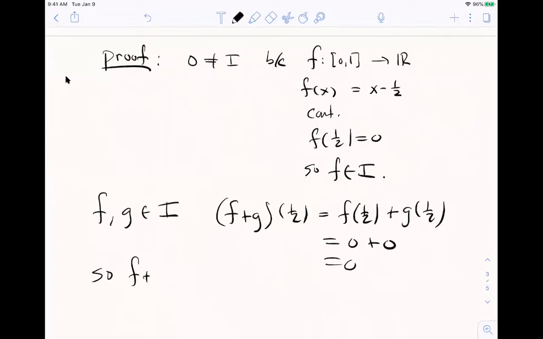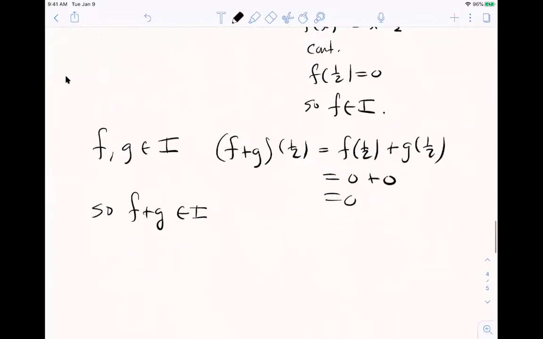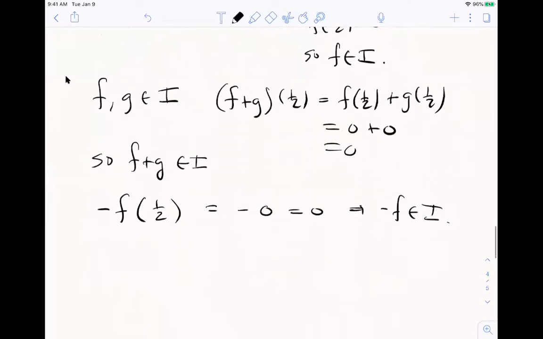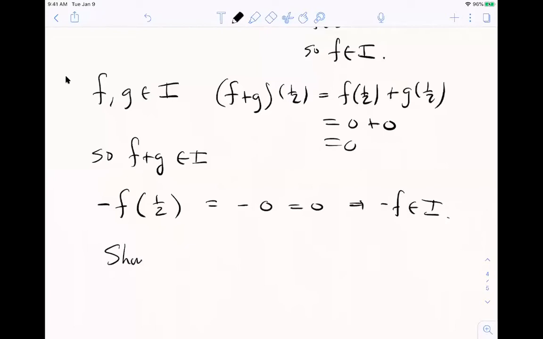So that shows that f plus g belongs to this set, I. Finally, if I look at minus f of 1/2, well, that's minus 0, which is still 0. So the additive inverse of this function is in I. So that shows that I is an additive subgroup.